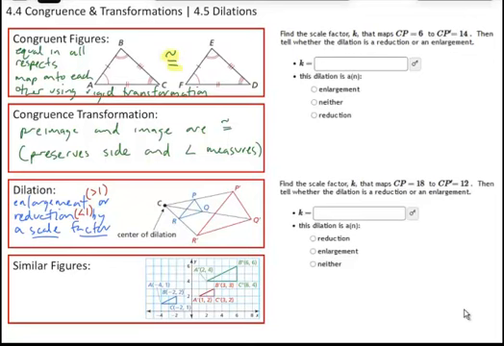And if that is the case, then you have what are called similar figures. We will be talking more about similar figures and especially similar triangles. But for similar figures, the symbol for similar is just this tilde mark.